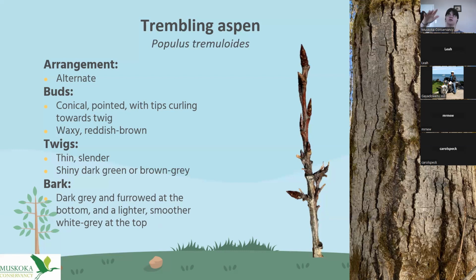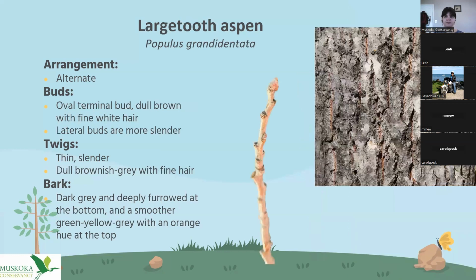But as soon as you start looking up, you'll see that it transitions into a smoother, whitish gray color for our trembling aspen. So sometimes it will actually get confused for a birch because it's got such a white color at the top. But remember that it starts furrowed and rough at the bottom, and then will transition into that smoother white color. So that is our trembling aspen.